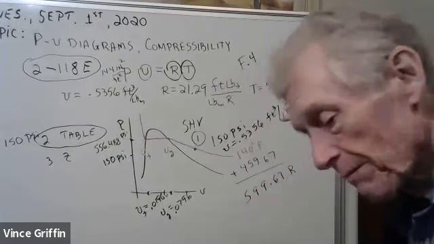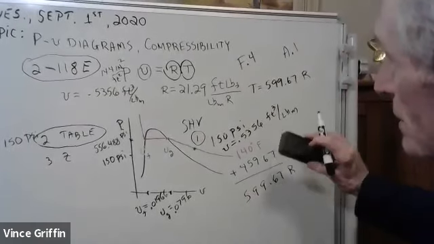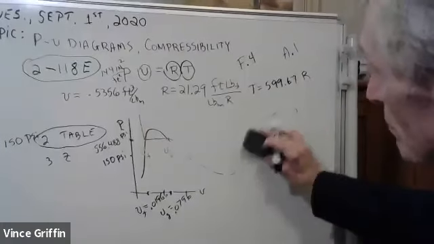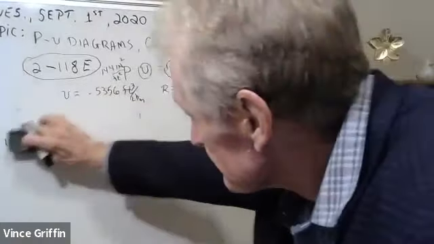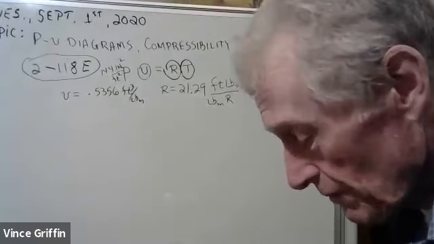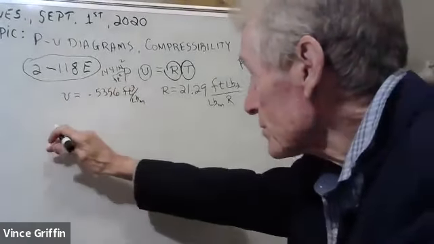Here, let's write it out so we can see this better. I need the room. I hate to erase this wonderful PV diagram, but I need the room. Now, what I'm going to do is I'm going to write this out.